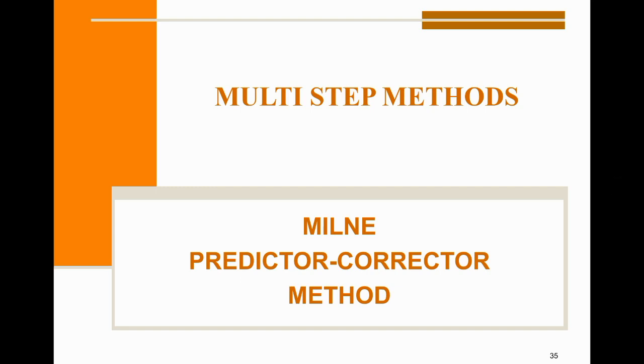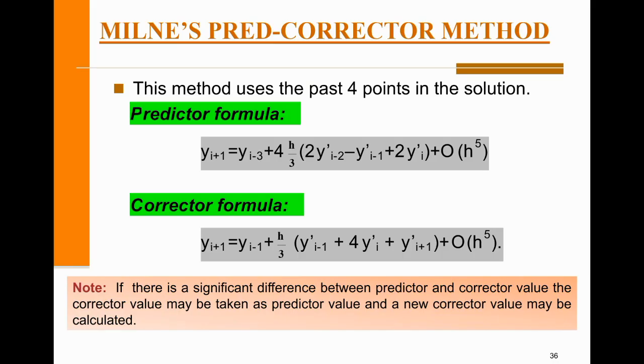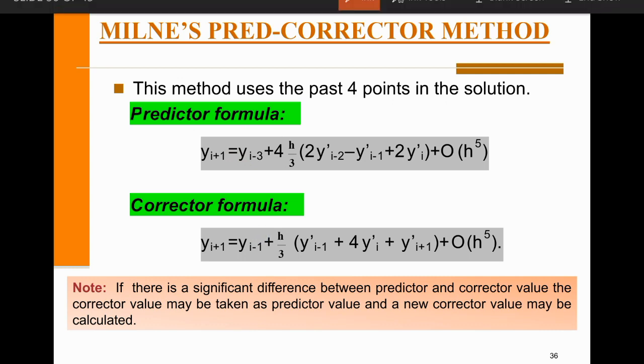Milne predictor corrector method. These are the formulae for predictor and corrector by Milne's technique, right? You can see here, not only yi, we are using yi minus 1, yi minus 2 as well as yi minus 3. That means for evaluation of yi plus 1, we need 4 step values: at step i, step i minus 1, step i minus 2 and step i minus 3.